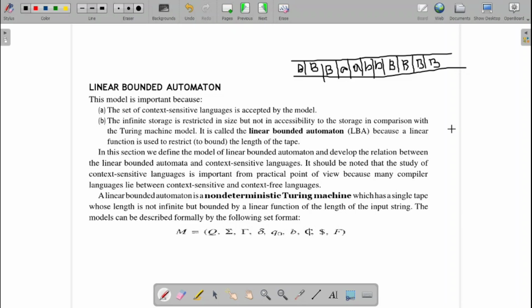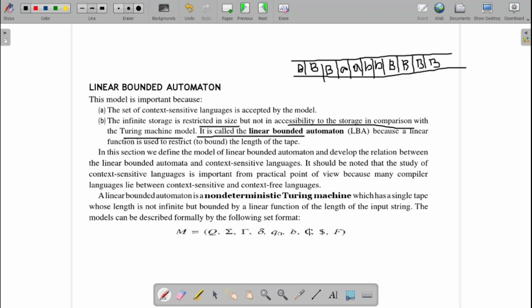Fine. So now to have some limitations for the tape, we go with the bounding. That bounded automaton will be your linear bounded automata. Here the infinite storage is restricted in size, in comparison with the Turing machine model.